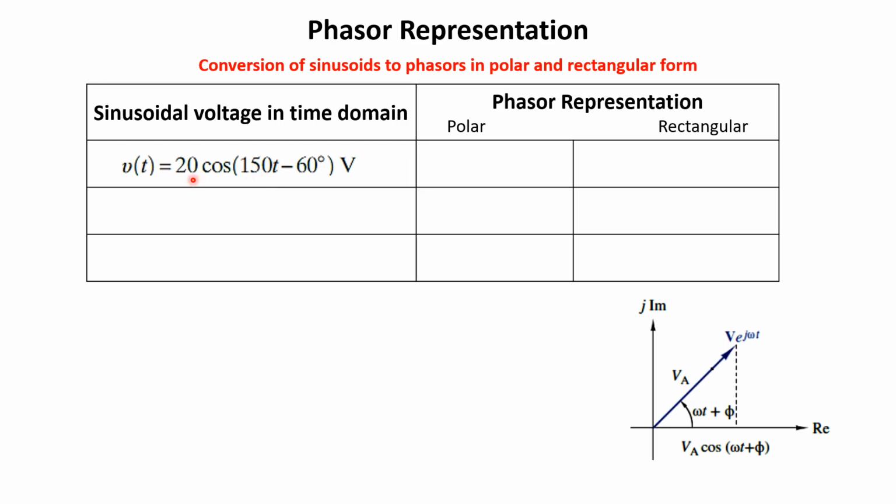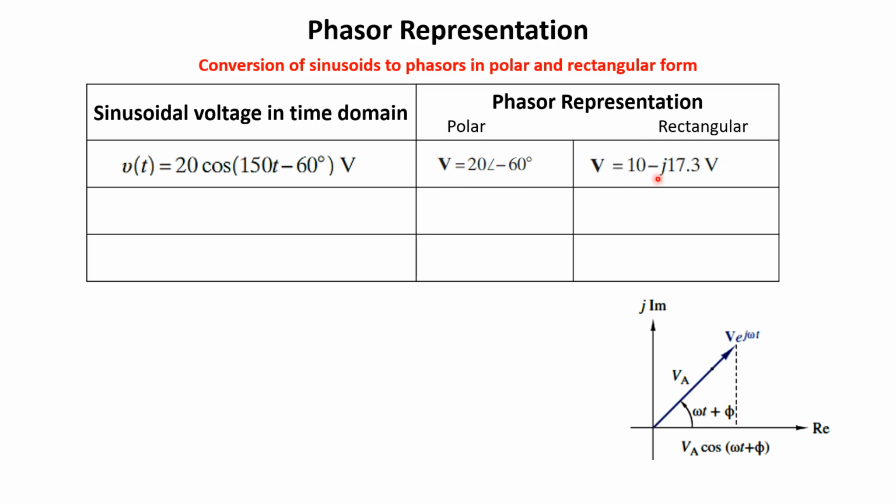So 20 is the peak value, minus 60 is the phase angle. We represent it using only the magnitude and only the phase angle. So only the magnitude 20 is shown over here in phasor representation, and the angle. This is the polar representation.